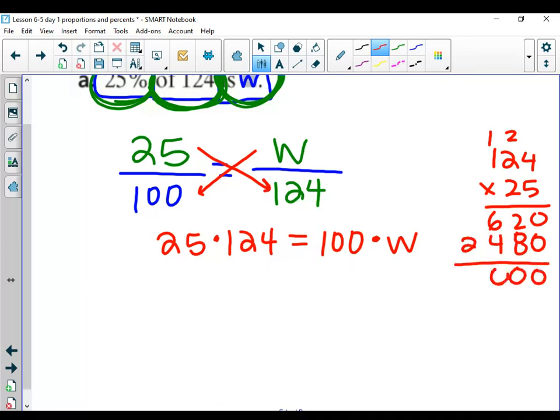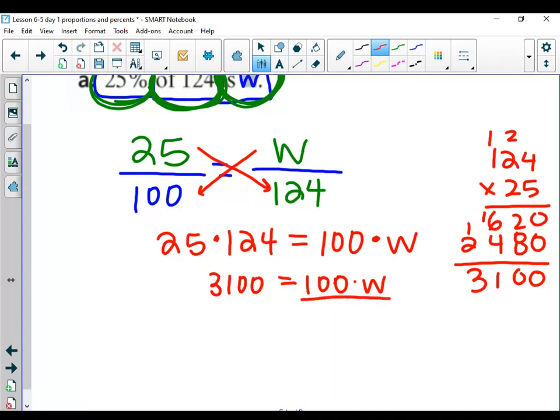Going too fast, Miss Wimmer. Going too fast. What is 100 times W?